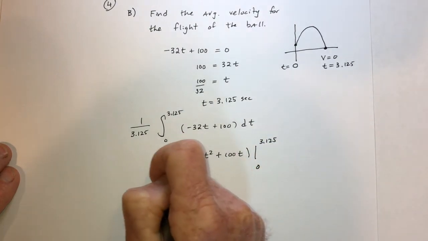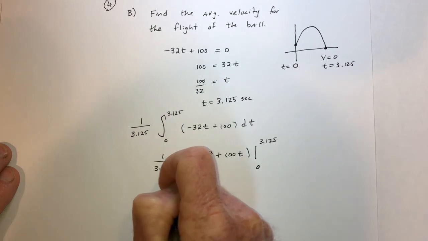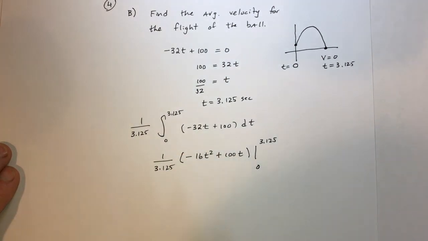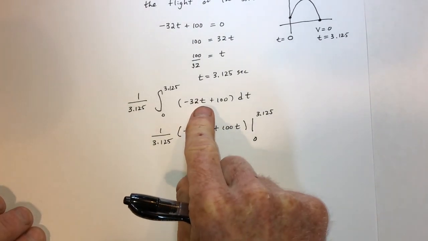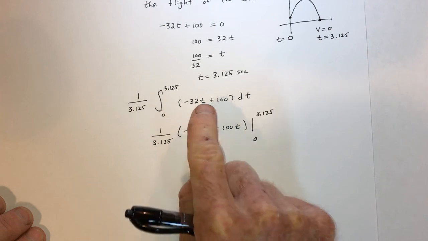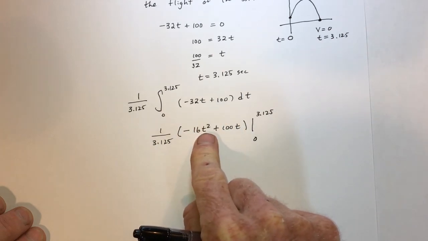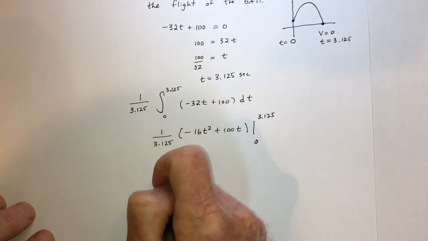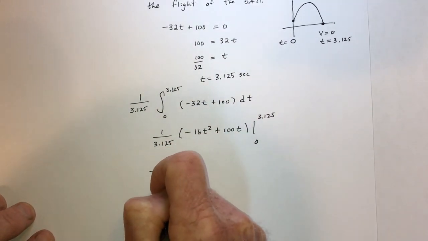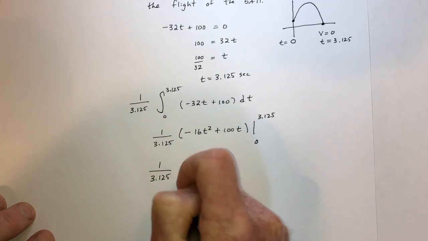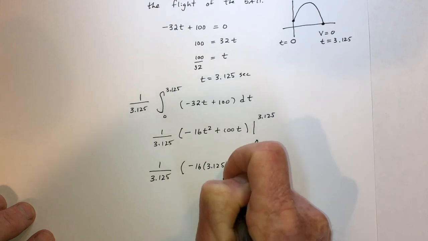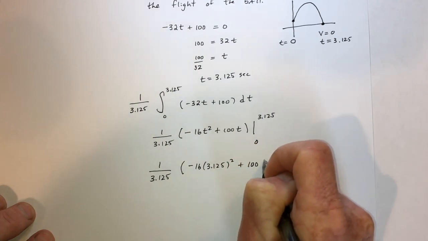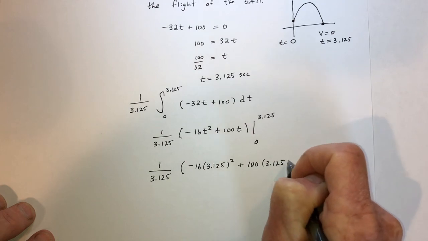And it's still going to be multiplied with 1 over the 3.125. Now keep in mind also, when you have velocity and you integrate it, then you're actually getting the distance function. I'm just saying that because I'm thinking I know what the answer is going to be, but let's find out. So negative 16 and then 3.125 gets squared plus 100 times 3.125.